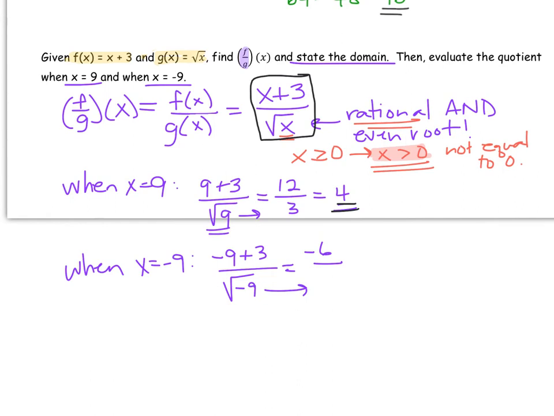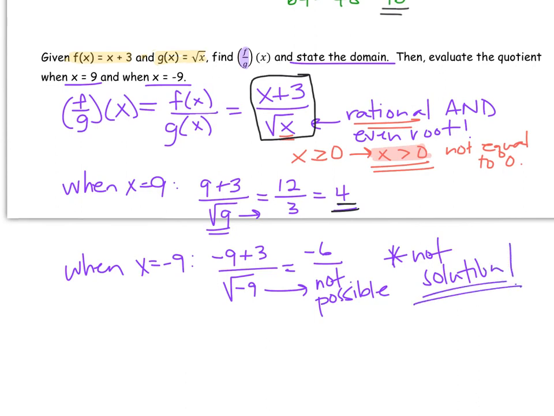It doesn't match our description for the restriction in the domain. It's not greater than 0. Since the denominator is not possible, there is no solution when x equals negative 9. So that might happen when you evaluate functions on your homework assignment. And that's our lesson for the first part of 2.6.